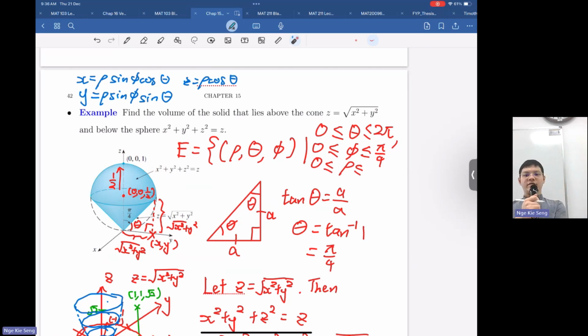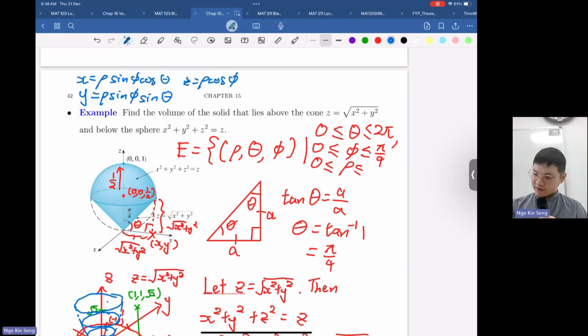How do you find cos phi? So this one I put the wrong theta, this one should be phi.